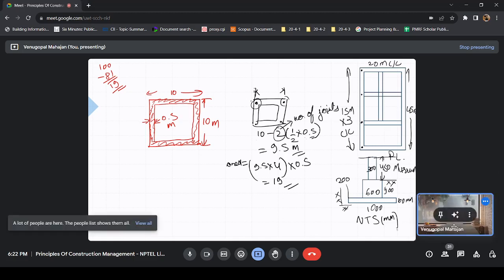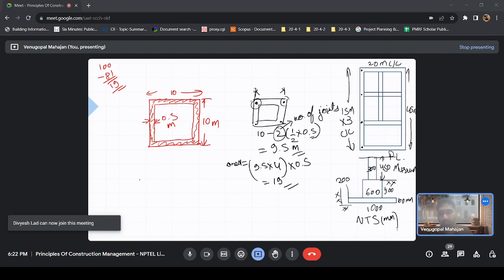So you saw this center line method. Now let's see this with long wall short wall method. So here it seems like it is same on both sides.